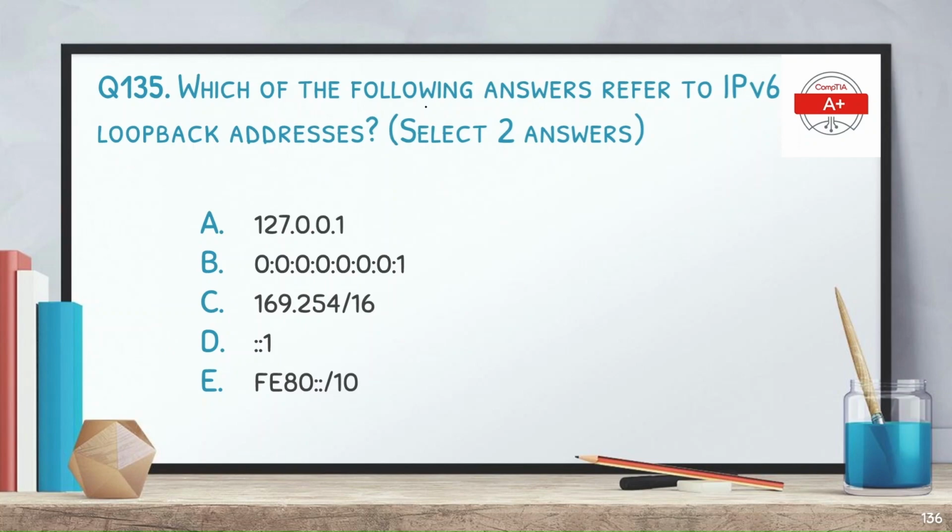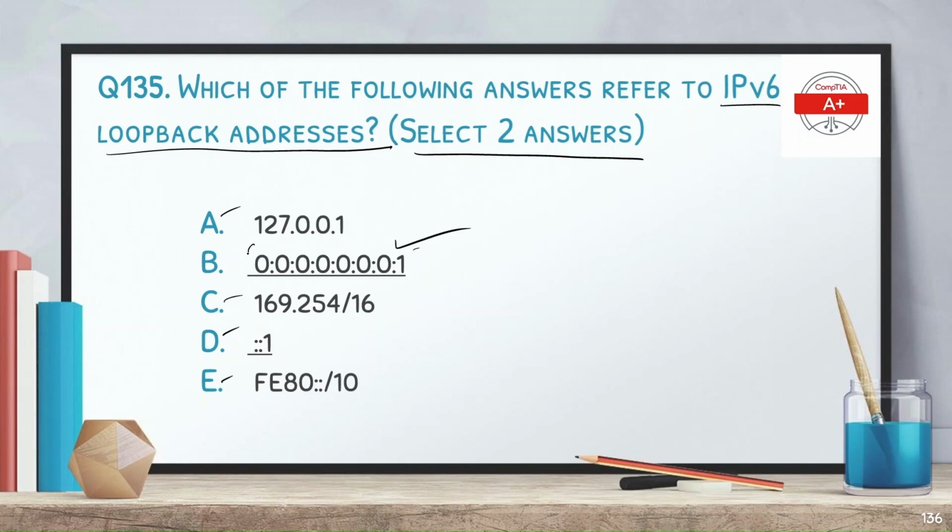Question number 135 is that which of the following answers refers to IP version 6 loopback addresses? And we have to select two answers. A, 127.0.0.1, B, again 0.0.0.1, C, 169.254/16, D, colon colon 1, and E, FE80 colon colon/10. And the correct options are this one, 0:0:0:0:0:0:0:1, and this one.